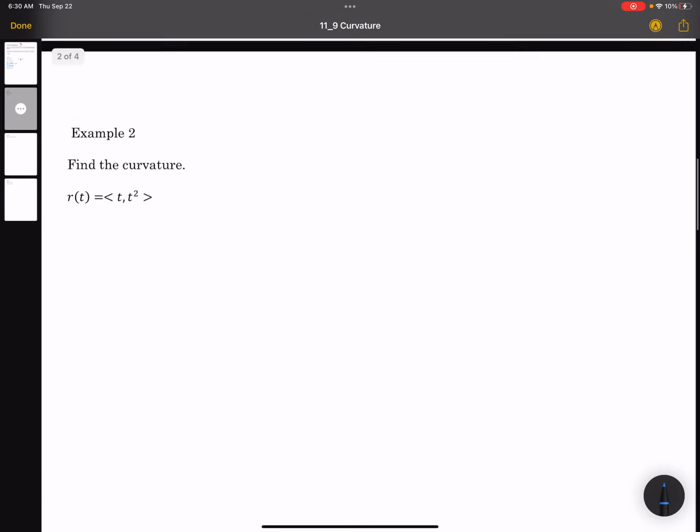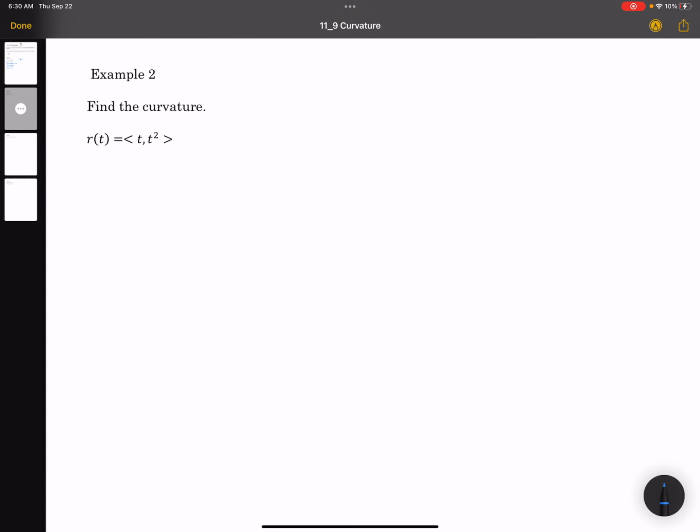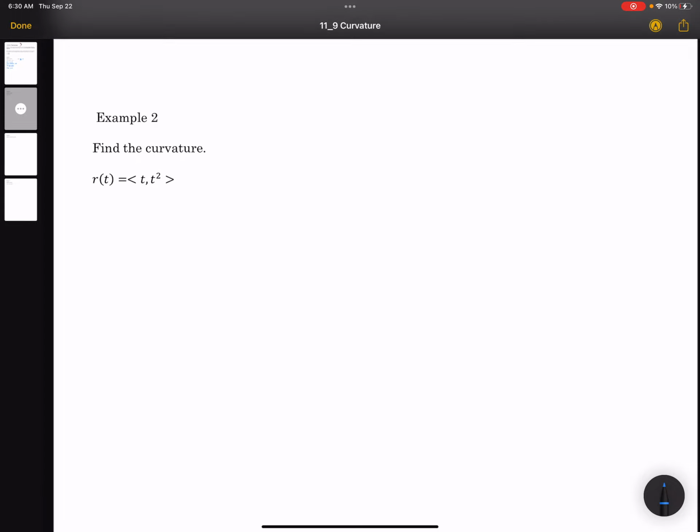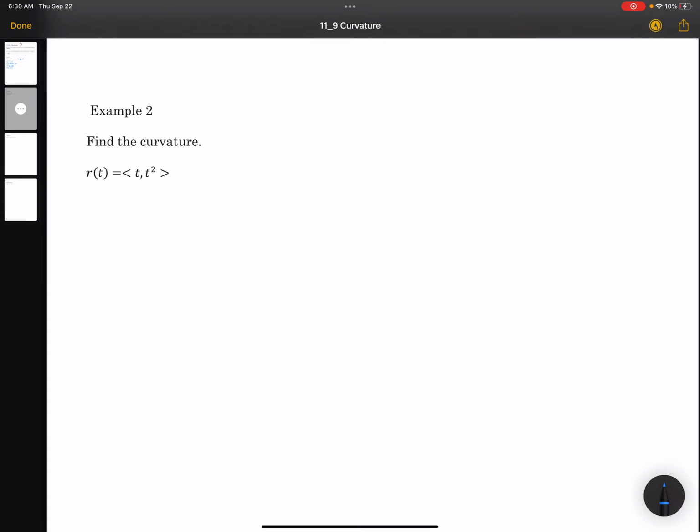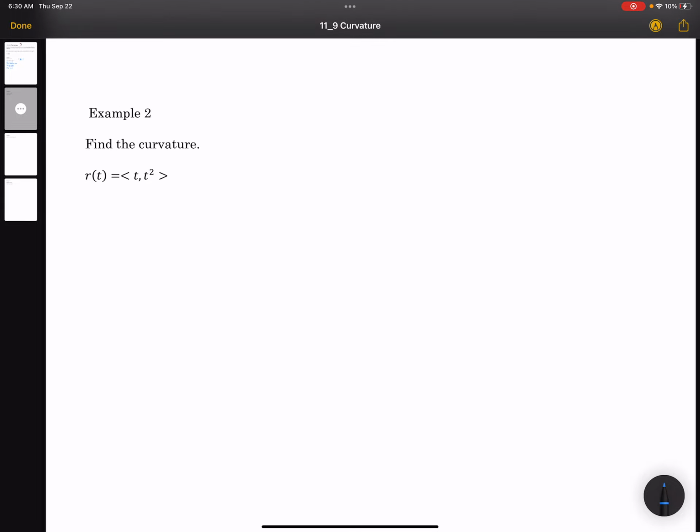For our second example, we have a vector in 2 dimensions, and we want to find the curvature formula, not at a particular point. So same process. Our derivative is equal to <1, 2t>. The magnitude of the derivative is the square root of 1 plus 4t squared.